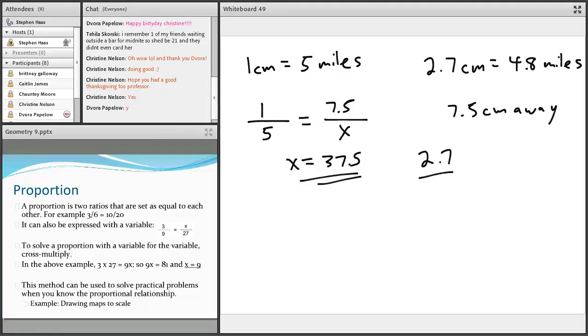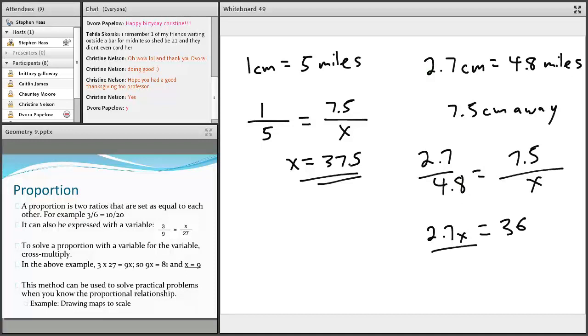2.7 is to 4.8 as 7.5 centimeters is to x miles. So you'd cross multiply and you'd get 2.7x equals 7.5 times 4.8. I hope you don't mind, I'm going to do this on a calculator. 7.5 times 4.8. Not that I can't do it in my head, but I want to get it right. It comes out to 36.